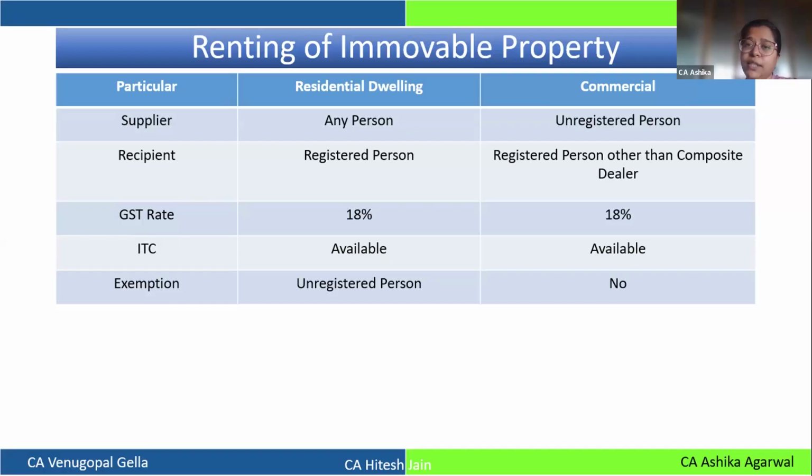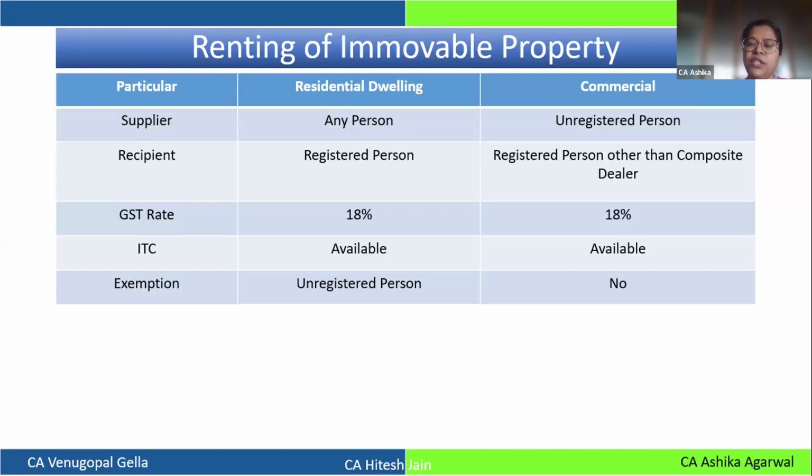So when it is a residential dwelling, it doesn't matter whether the person is registered or unregistered. But when it comes to commercial property, they themselves are saying it should be from unregistered person. Because if it is from a registered person, commercial property, it is duly liable under tax and there is no exemption. So obviously your supplier being registered would be charging GST from you, collecting and paying it to government.